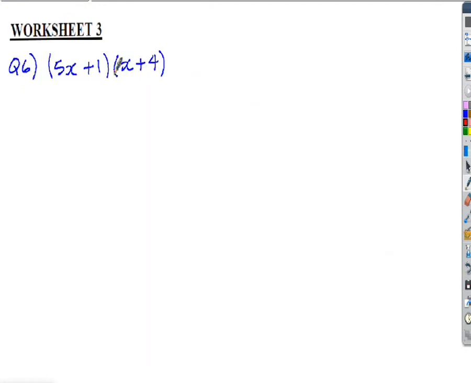Just going to work through a few questions from worksheet 3. This is question 6. In the first binomial bracket we have 5x plus 1 and we're multiplying that by x plus 4 in the second bracket. Again we're using this crab claw type technique. So expanding, we get 5x multiplied by x is 5x squared. 5x multiplied by 4 is positive 20x.